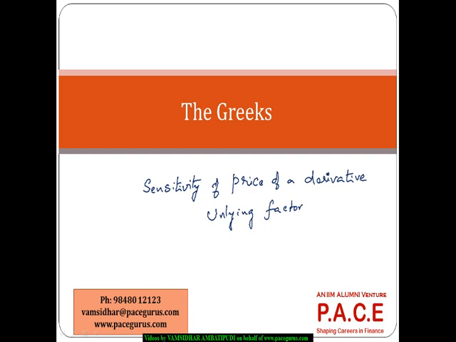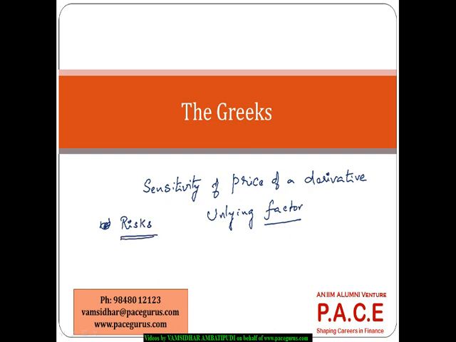So, the prime intention of looking at different Greeks, with respect to different factors, is to understand the different risks that are there. Sensitivity is more to do with the risk.